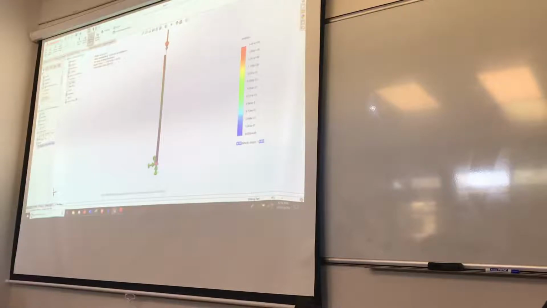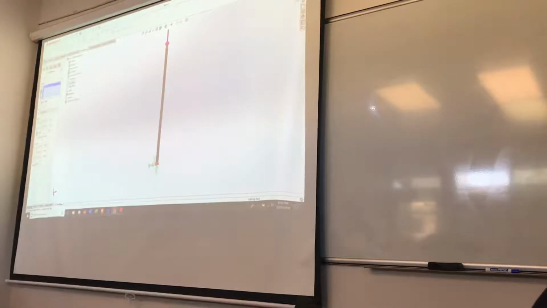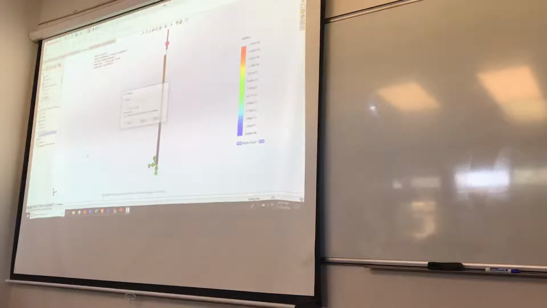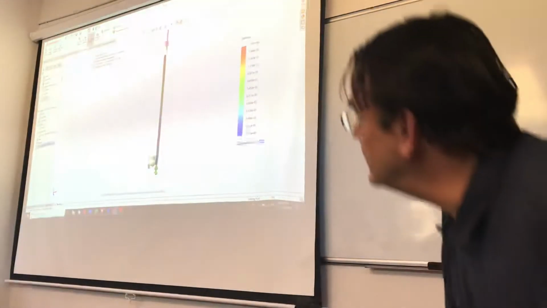And just to make sure that we're interpreting this correctly, let's do something really radical here. Let's change our force. And instead of making it 1 pound, let's make it 1,000 pounds? How about 10,000 pounds? Okay. Put my truck up there. Okay, and what do I see now?